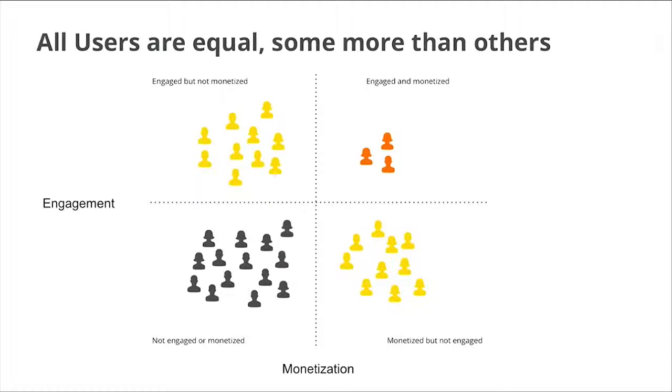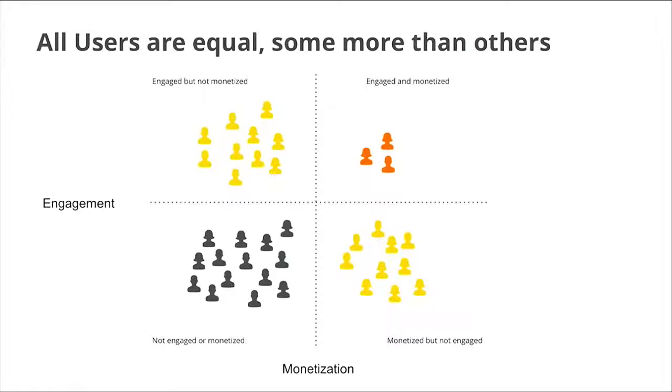I'll just walk over this chart a little bit. So the y-axis is the monetization line. Everyone to the right of the y-axis is a well-monetized user, and everyone to the left is not. Similarly, for the x-axis, everyone at the top is highly engaged in your game, and everyone at the bottom is not.